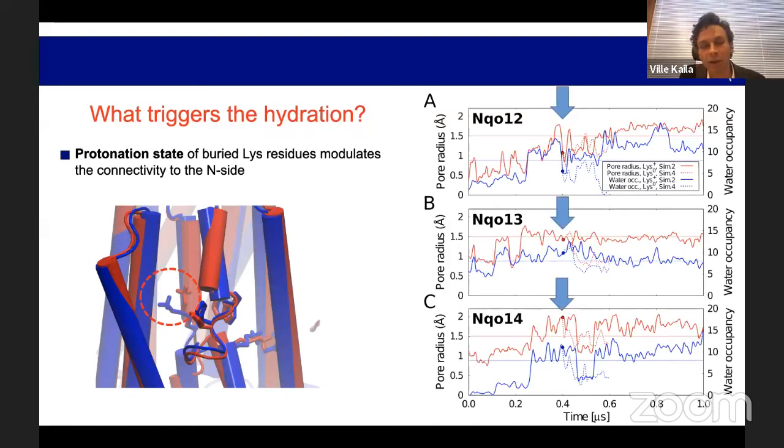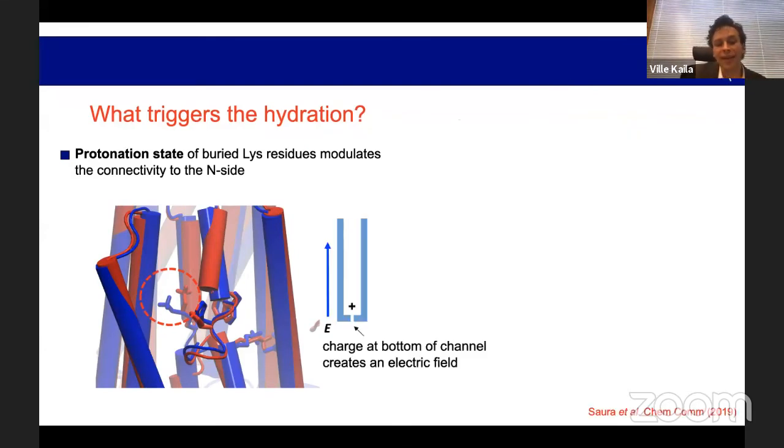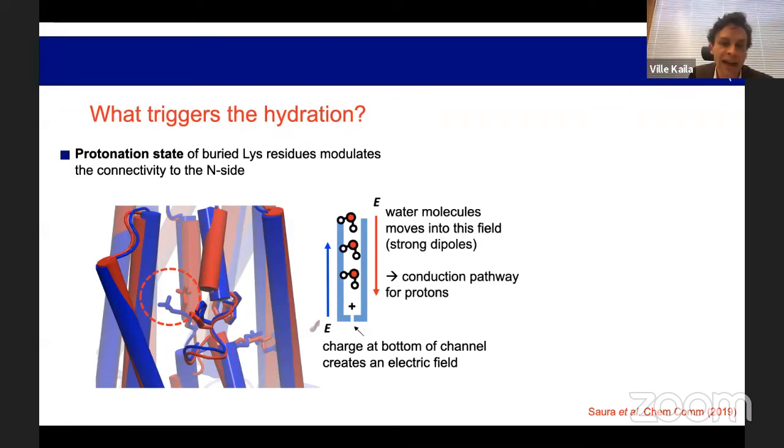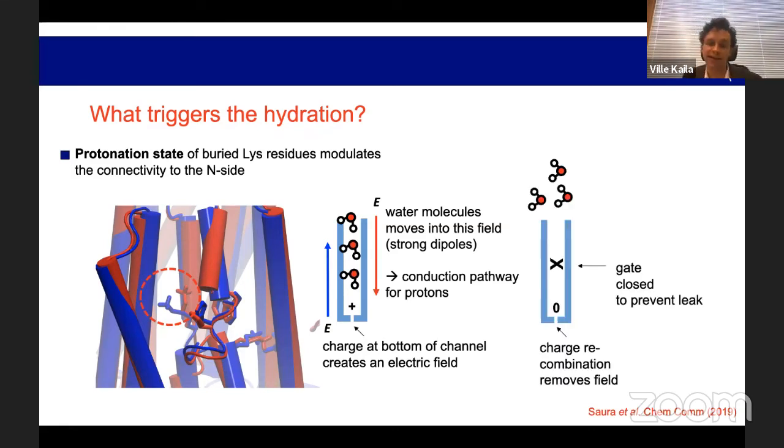And you can see that if you then during the simulation deprotonate this residue, then basically you get de-wetting of the channel as well. So we think that the charge at the bottom of this creates an electric field, and that pulls in water dipoles, so to minimize the energy. And basically when you do not have this, it closes the gate.